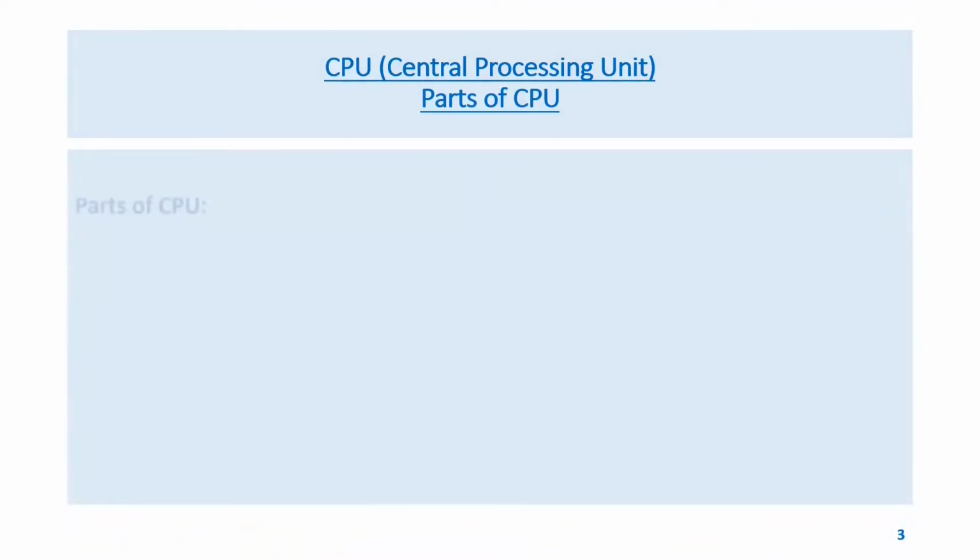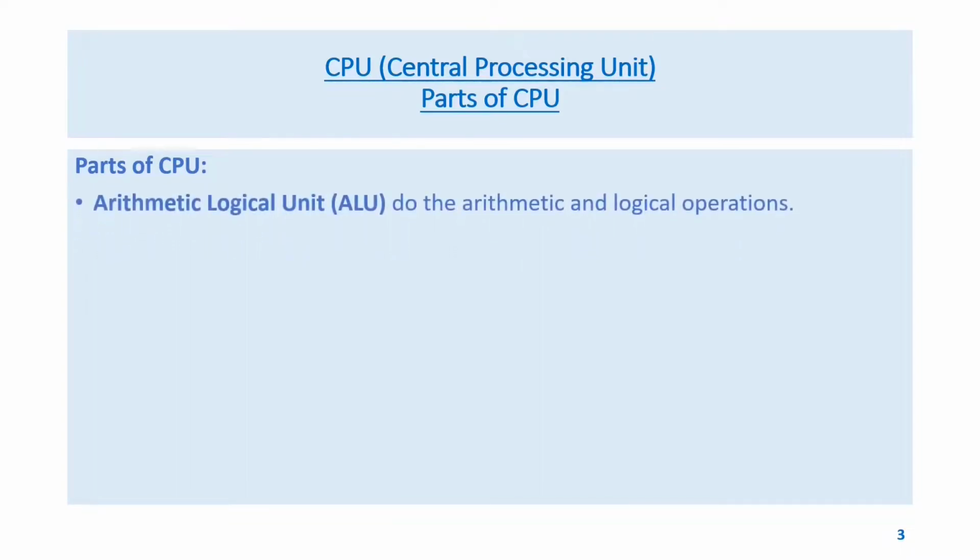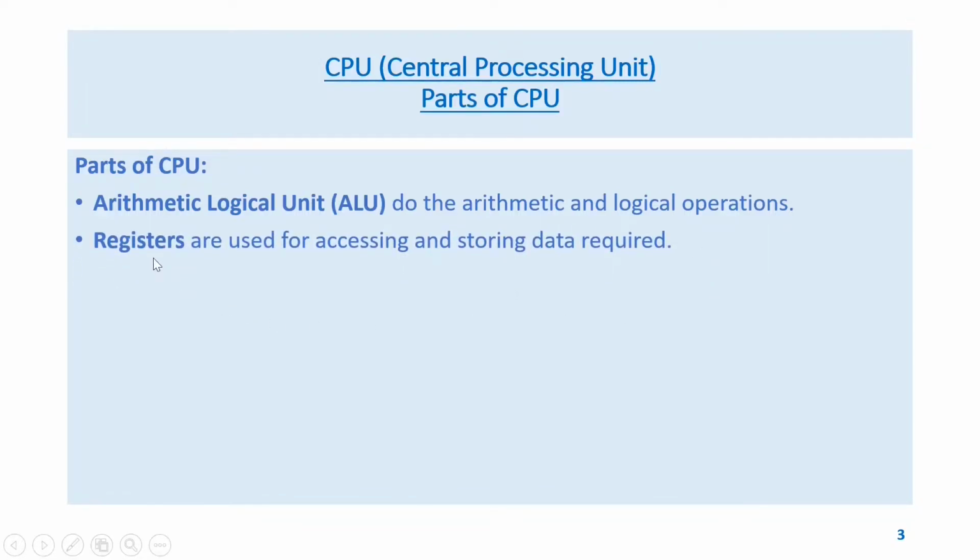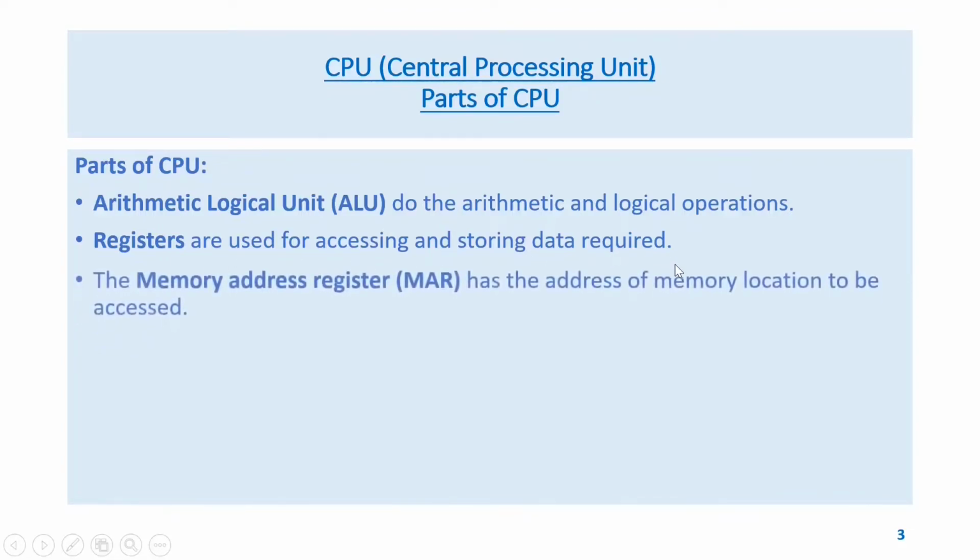Now let us see the parts of the CPU in detail. It has the arithmetic logic unit, which does the arithmetic and logical operations. We have seen that. And there are some registers used for accessing and storing required data.